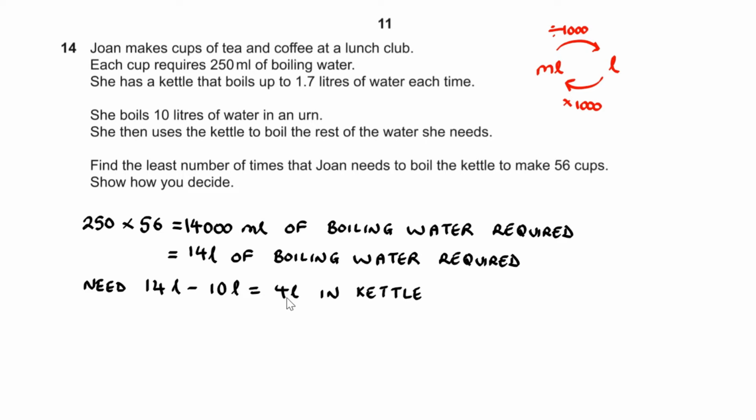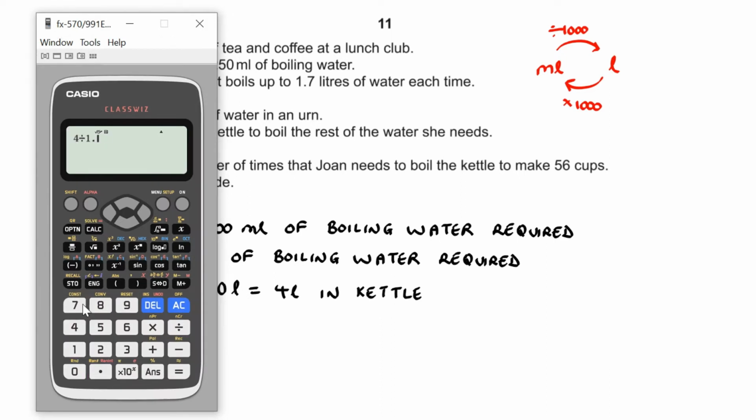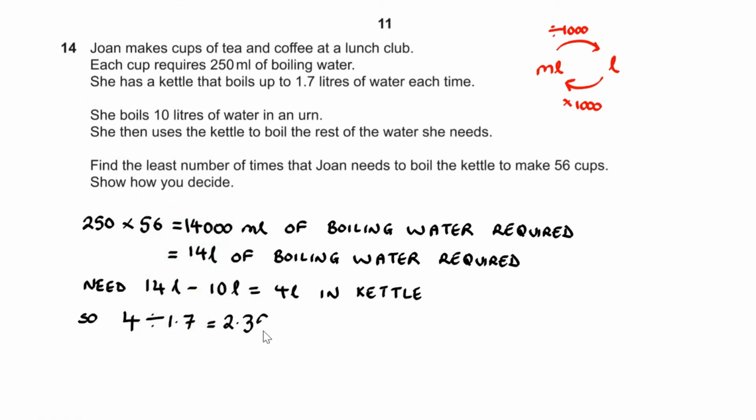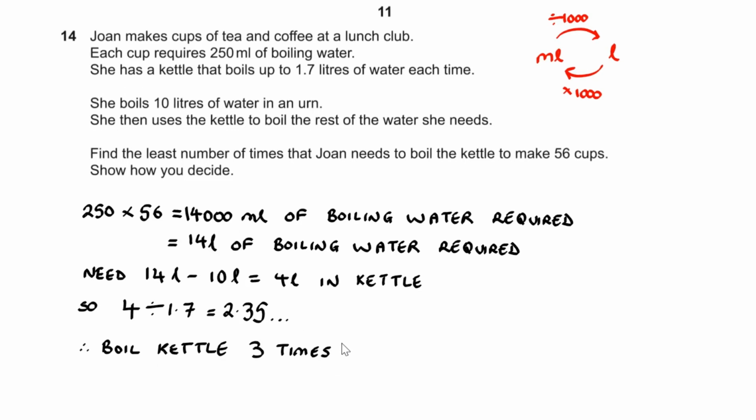So 4 litres are required when we boil water using a kettle, and therefore to find out the number of boils we need, we'd have to do 4 divided by 1.7. 4 divided by 1.7, that's 2.35, etc. And therefore what we need to do is boil the kettle 3 times. So therefore we need to boil the kettle 3 times.